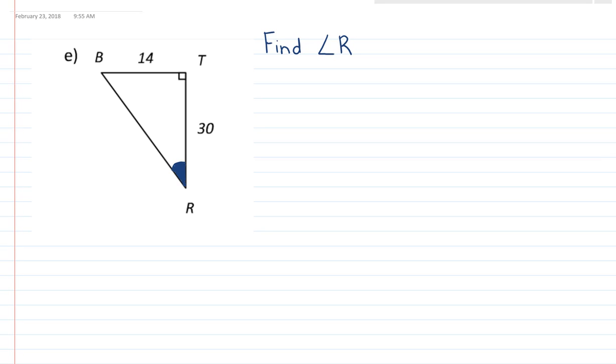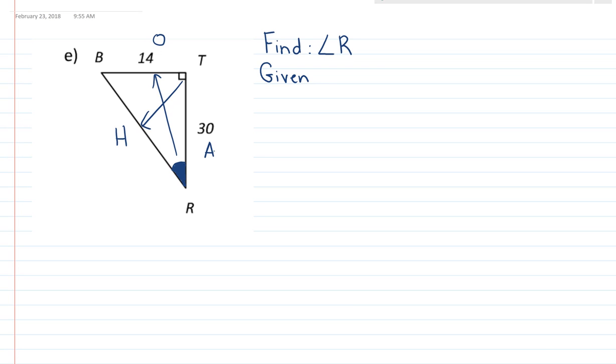Jane, can you identify your sides? Because I need that in order to do the given part. Good. So from B to R is another way of saying that. Awesome. So what's given?